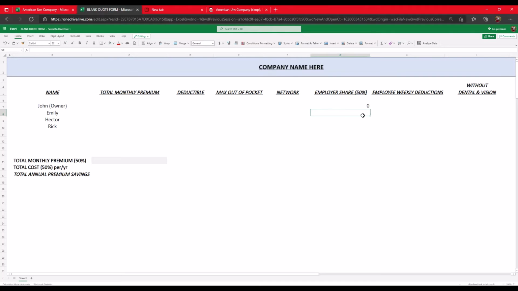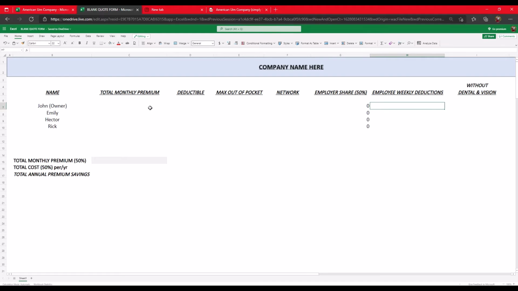Enter. This will be equals C8 divided by 2, equals C9 divided by 2, equals C10 divided by 2.